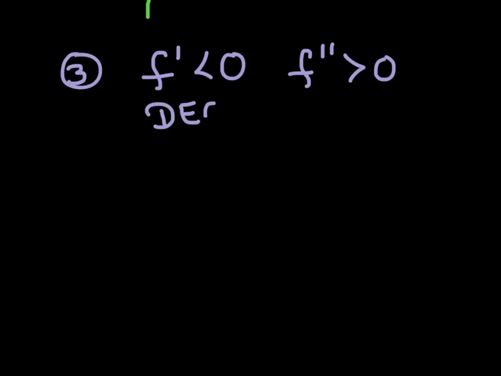Let's try number 3. Let's draw something such that the first derivative is always negative and the second derivative is always positive for all real numbers. Translating that in English, we need to draw a picture that's decreasing yet concave up. Do you think that's possible? Well, let's put our thinking caps on. Pencil's always a good thing. We might have to draw something and then take a step back and see if we like it or not.